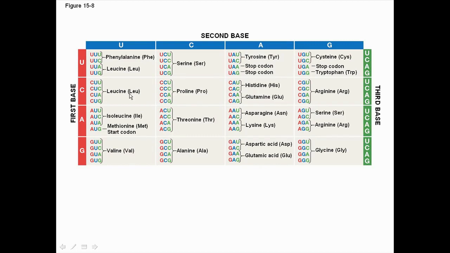One thing we'll point out about this table now, though, is this. Notice that one of the codons, AUG, is considered to be a start codon. That's because translation begins whenever the cell runs across this AUG codon.